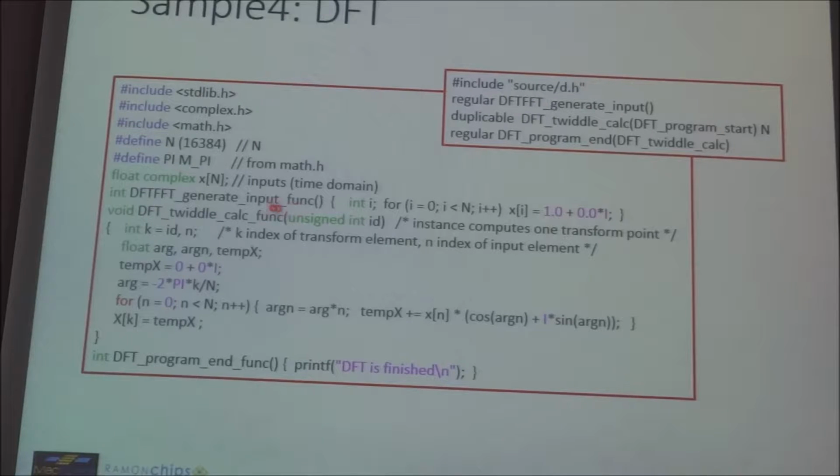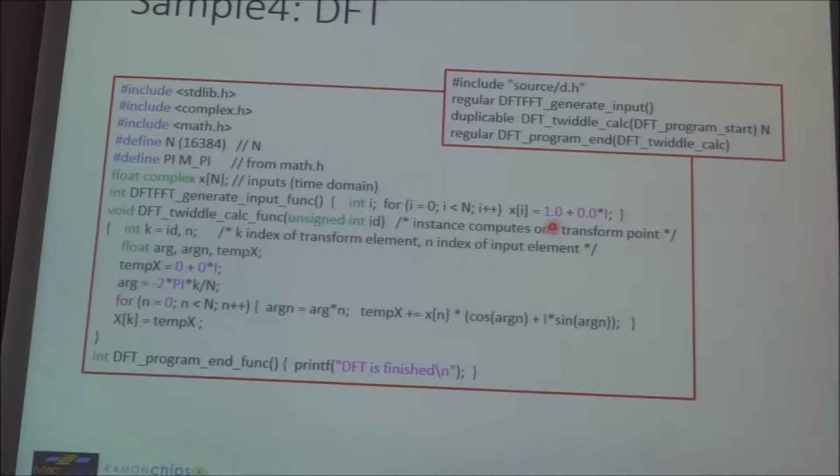The generate input is shared by the DFT and the FFT segments of the code. So DFT, FFT, generate input, and in this it's very simple. Remember, as before, this is just using a constant, but we can put random number. But random number do not generate complex. So you have to do random number for the real and random number for the imaginary.